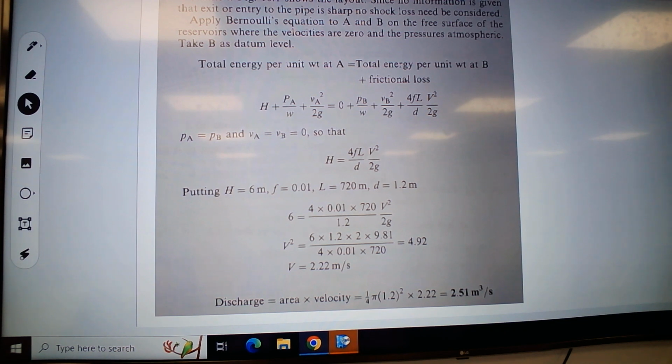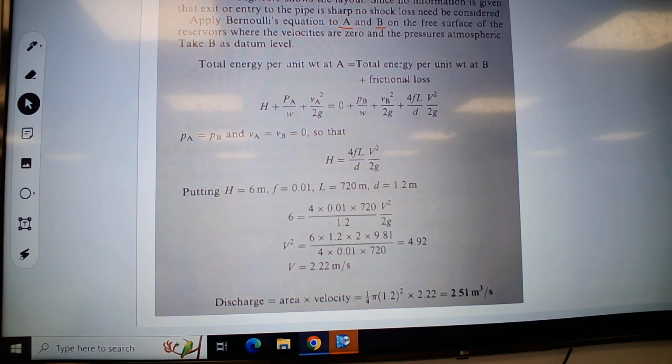Okay. So we will apply Bernoulli's equation at the entrance, and we will apply Bernoulli's equation at the exit, and we will have a look at the velocities. Now, the velocities at point A and at point B, which are at the reservoirs, the velocities at the surface are 0.